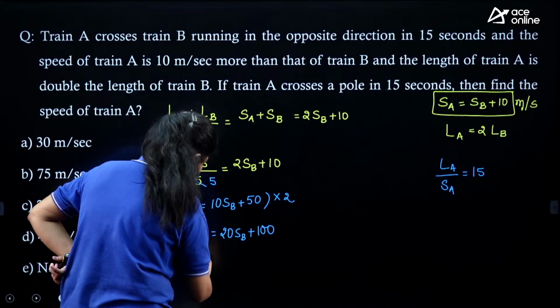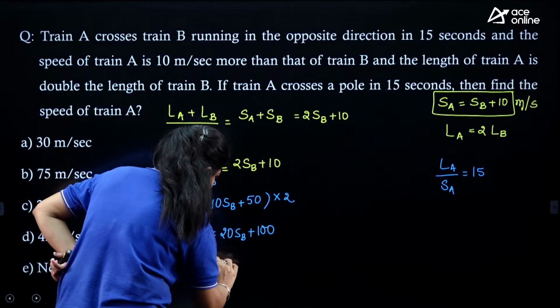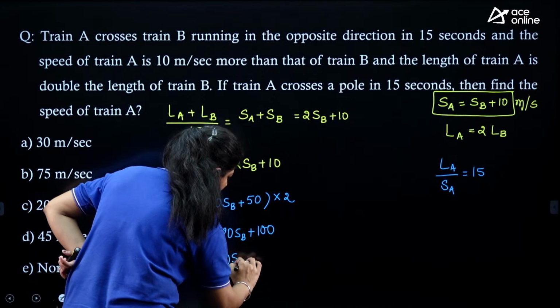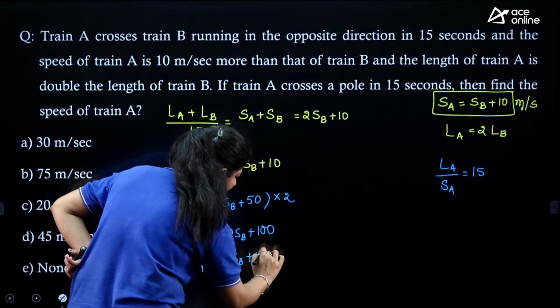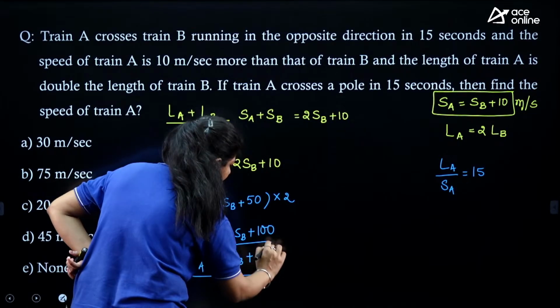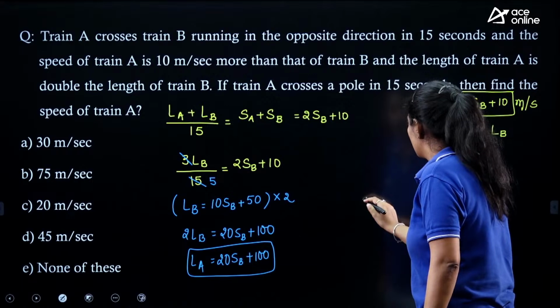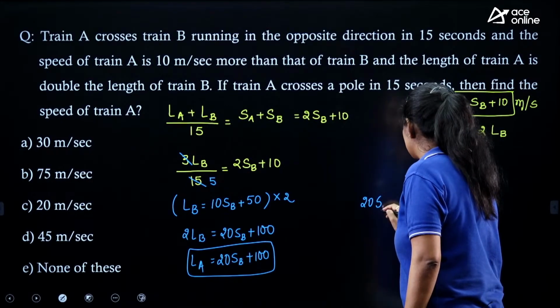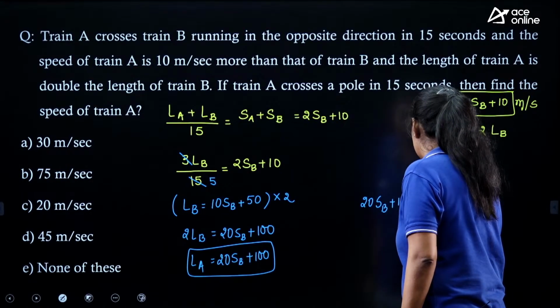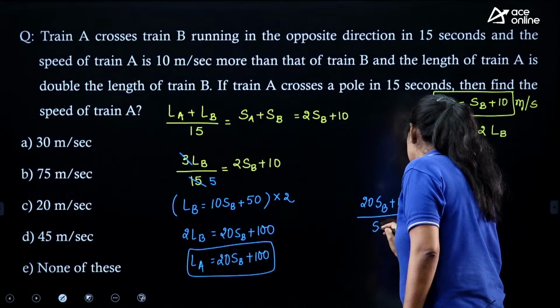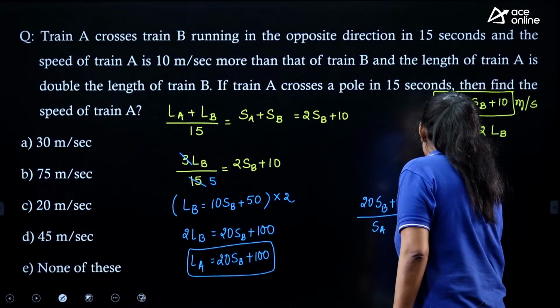Now, LA can be replaced by 20 SB plus 100, right? This is the equation that we got over here. Now, we simply replace it by this one. So, (20 SB plus 100) divided by SA is equal to 15.